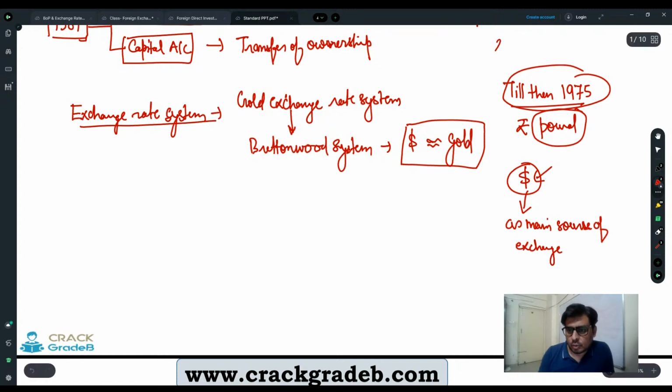It means that the rupee's value was fixed with respect to the pound.